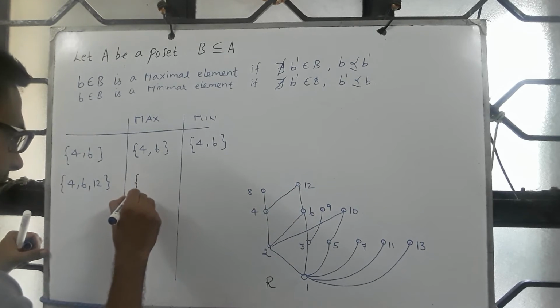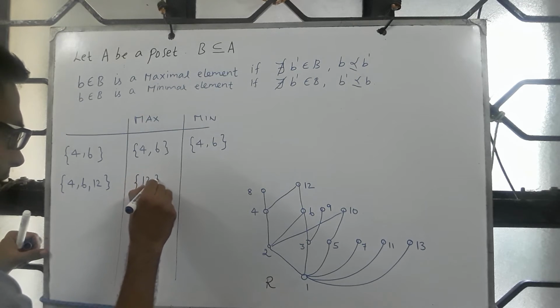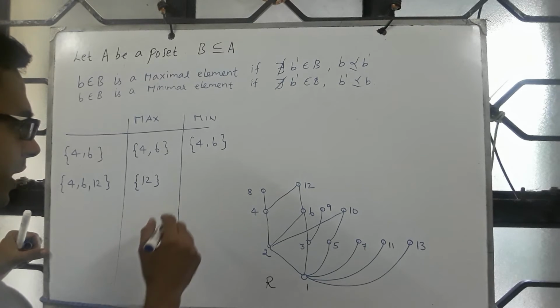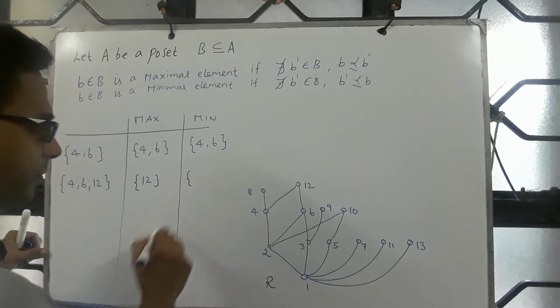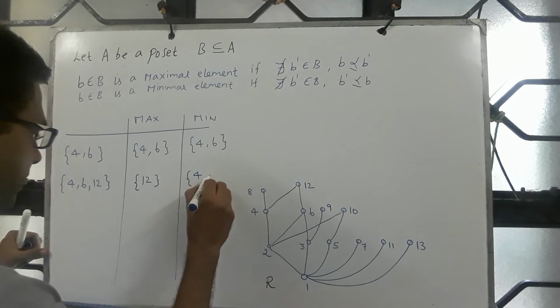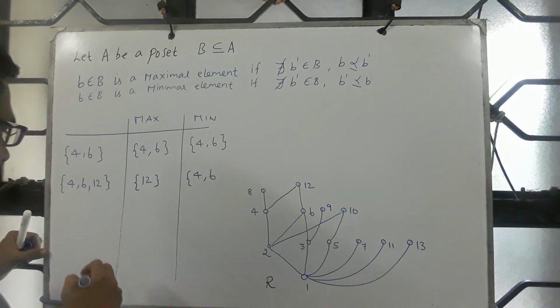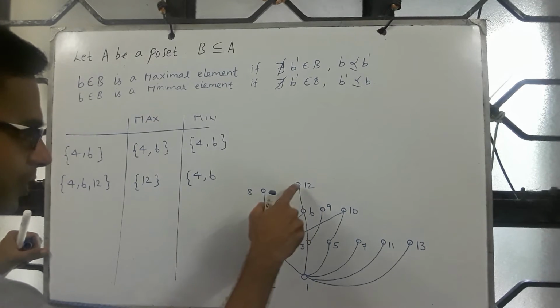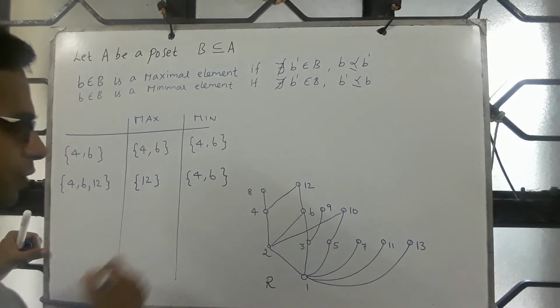So is 12 maximal? Answer is yes. There is no other element in B which is above 12. And what about minimal? Is 4 minimal? Answer is yes. Is 6 minimal? Answer is yes. Is 12 minimal? No, because below 12 you see 6, below 12 you see 4. So these two are minimal.